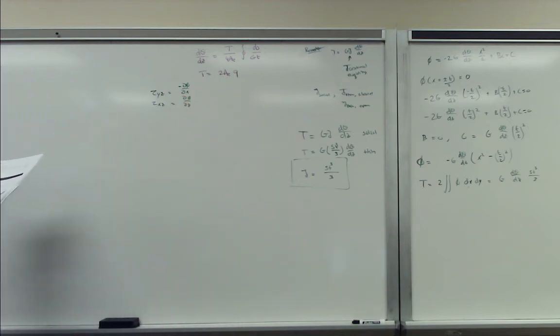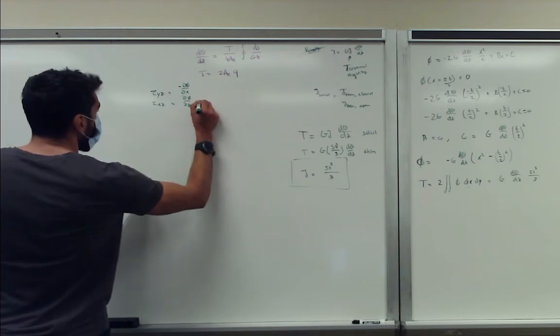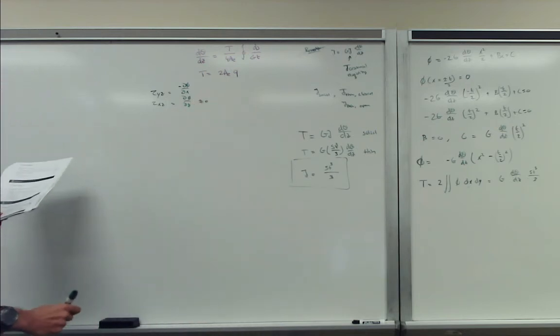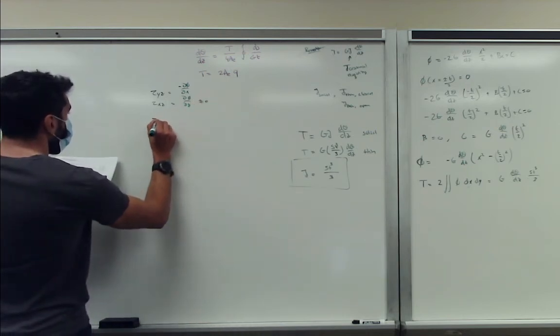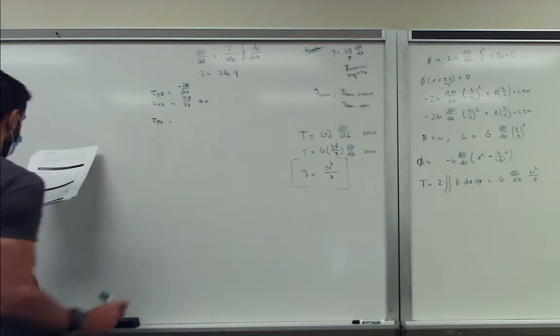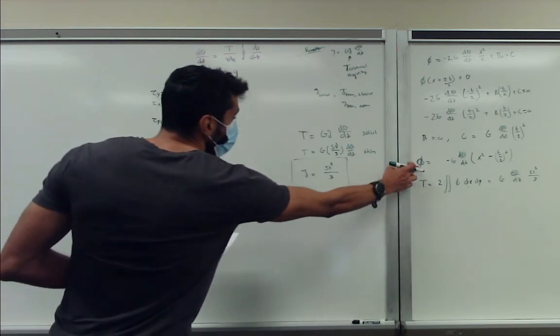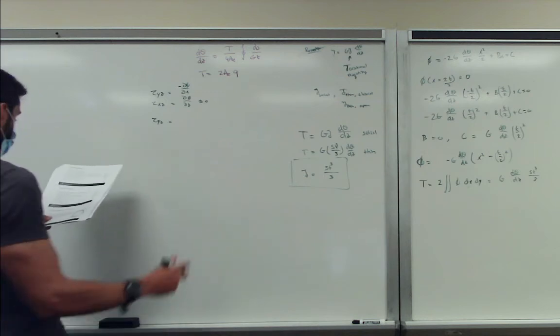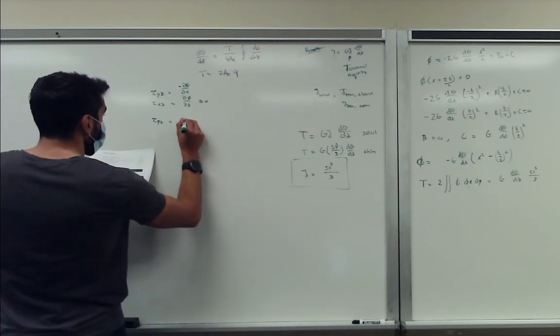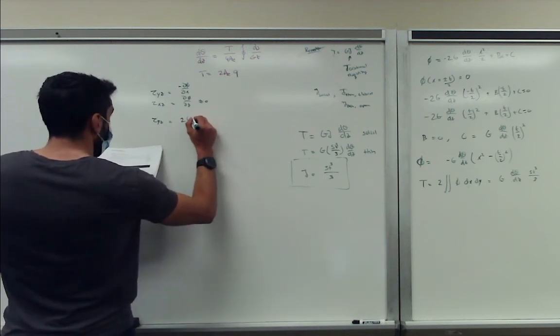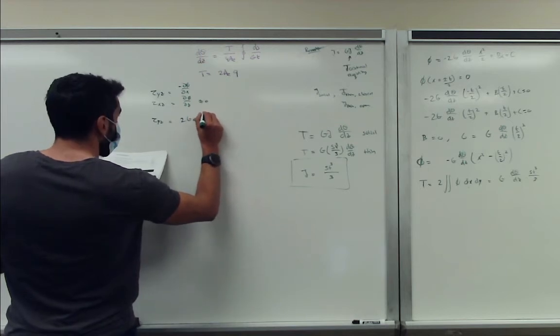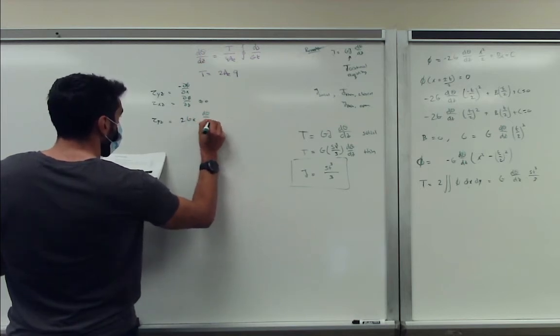But we said there's no variation with y, so we ignore this one. Then for tau yz, we take this variation with x. What we get is 2 times G x d theta dz.